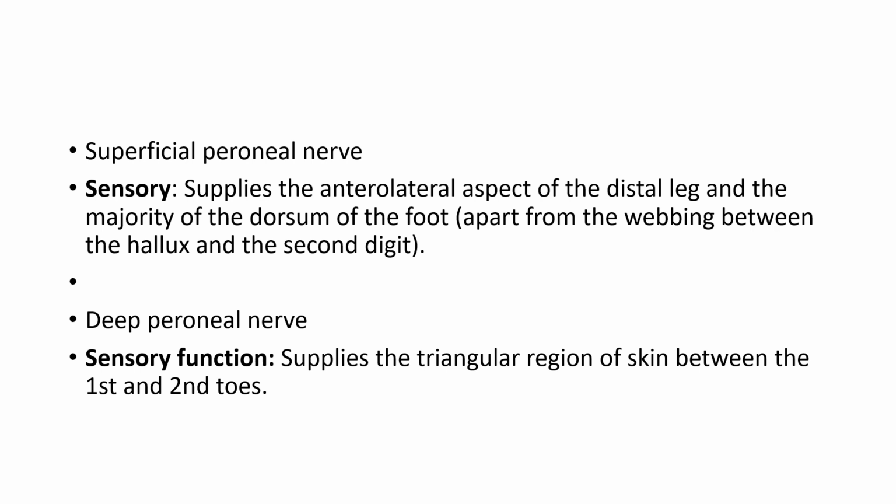So there is some area which is not supplied by this nerve; instead it is supplied by the deep peroneal nerve. The sensory function of the deep peroneal nerve is that it supplies the triangular region of skin between the first and second toes.